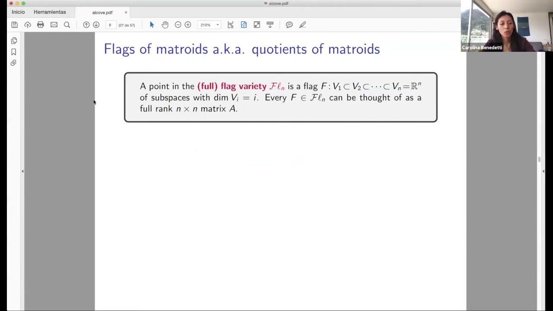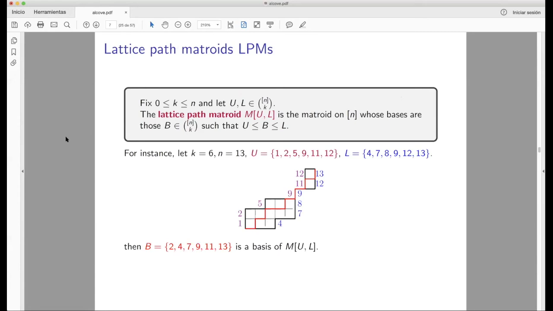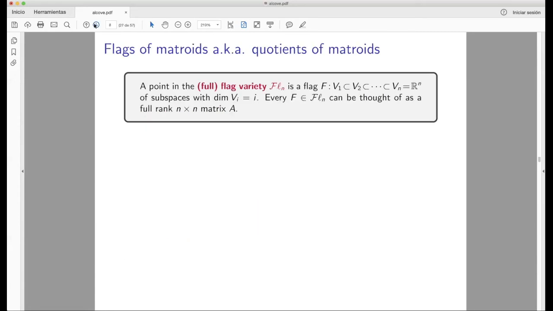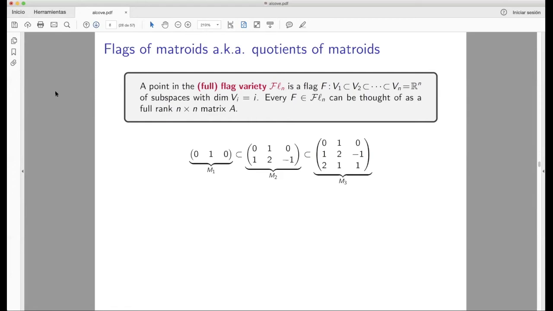Since we already know about the Grassmannian and its relation to linear matroids, now the flag variety, which you can think of a point in the full flag variety in R^n as a sequence of n vector spaces, one inside the other, and each one of different rank. In a similar fashion as you can think of points in the Grassmannian as full rank k by n matrices, here you can also think of points in the full flag variety as full rank n by n matrices.